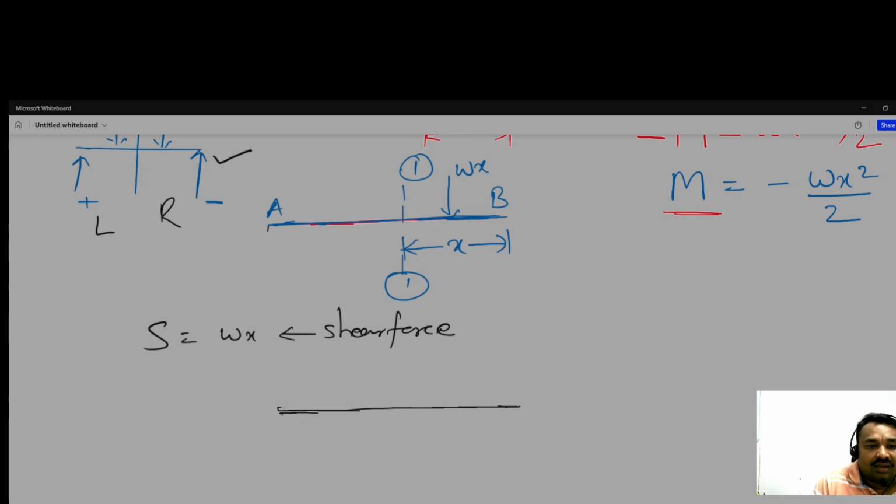Okay, and how does it vary? S is equal to Wx, and x is varying with the distance.